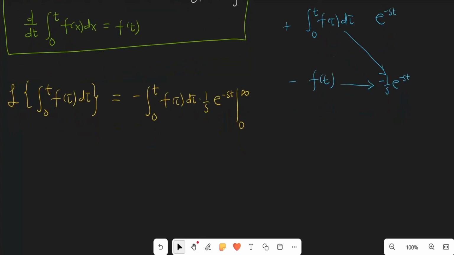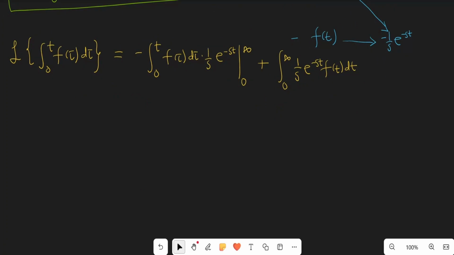And now, negative negative, when we multiply terms horizontally, we will have to take the integral. So we have plus the integral from 0 to infinity of 1 over s e to the negative st, multiplied by f of t, and then dt.